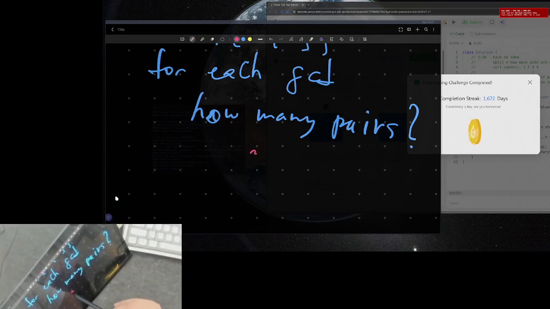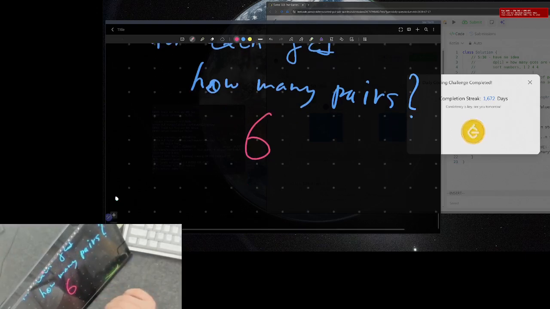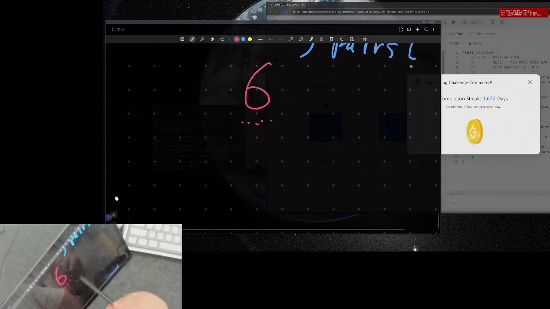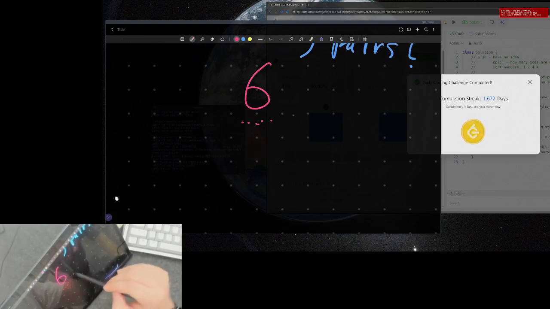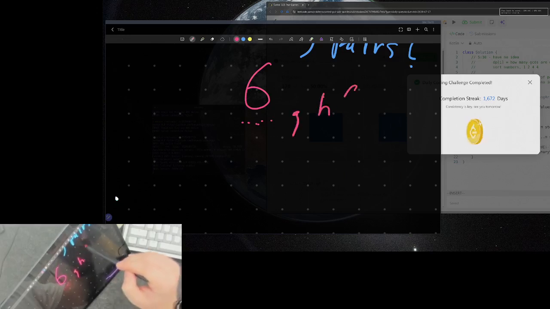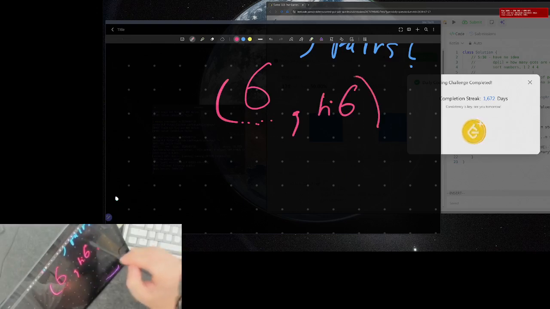So imagine we have the number 6, for example, and we want to answer the question: how many pairs have a GCD of 6? The numbers divisible by 6 are 6 and n times 6.